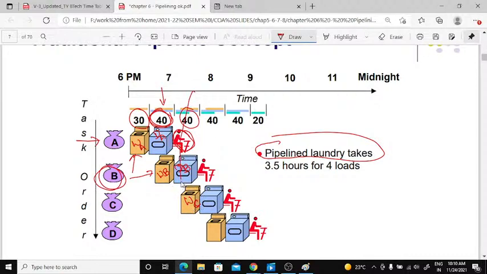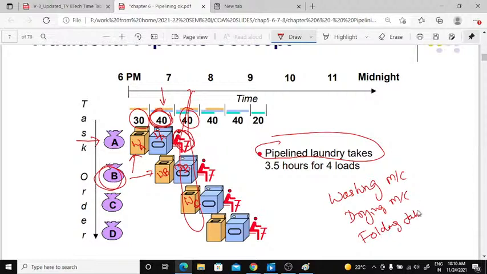So during this particular time all the three resources, what are the three resources? Like this washing machine, then drying machine, then folding table. So all these three are utilized at this particular time. Means here parallelly, at the same time we are doing this work.